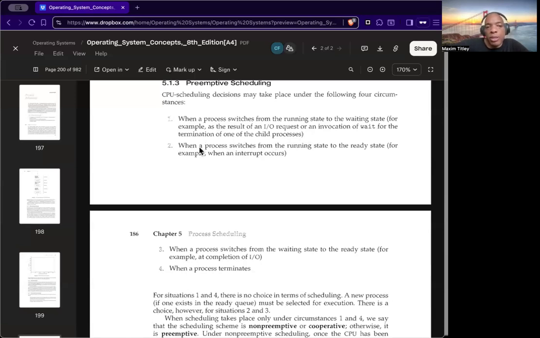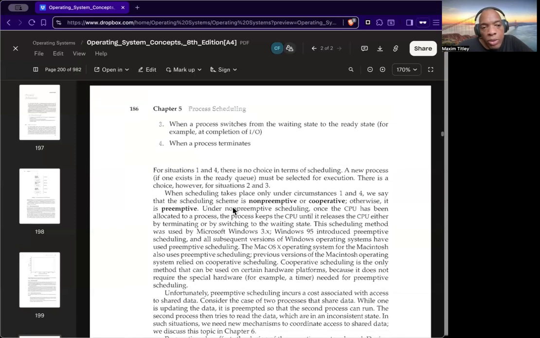Next, another condition is when a process switches from the running state to the ready state. So this would be like, say, when an interrupt occurs, right? Then the third condition where scheduling could occur is when a process switches from the waiting state to the ready state, such as when we return from completing I/O requests.